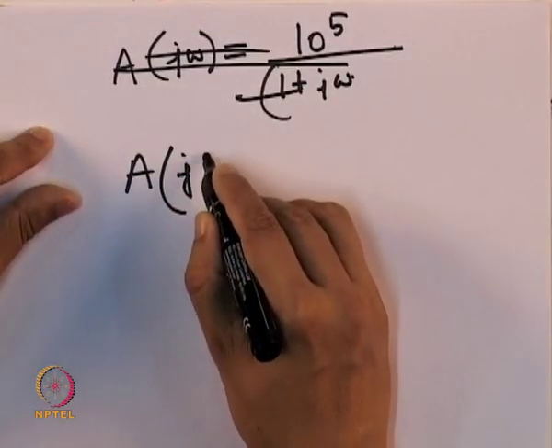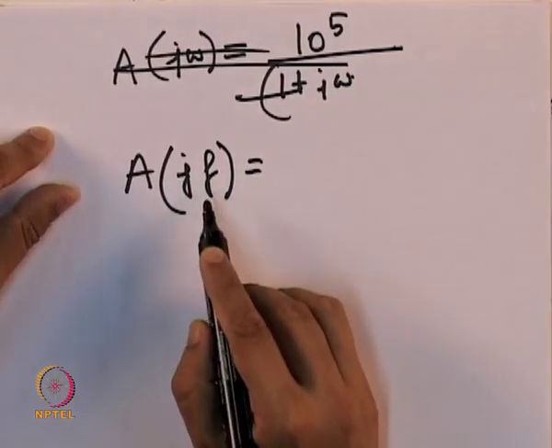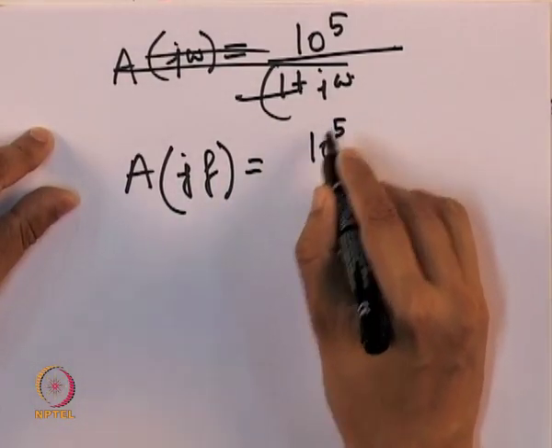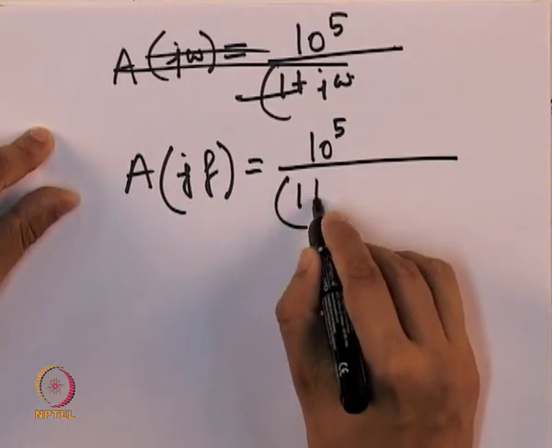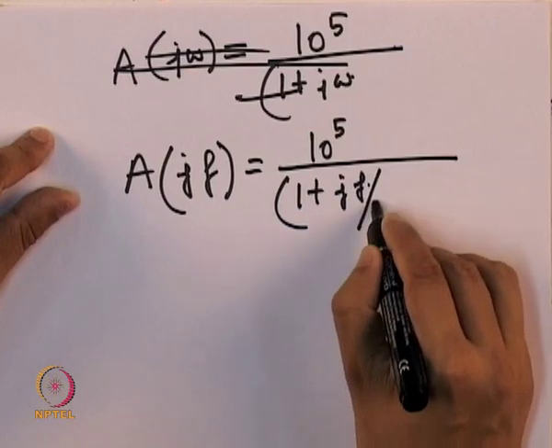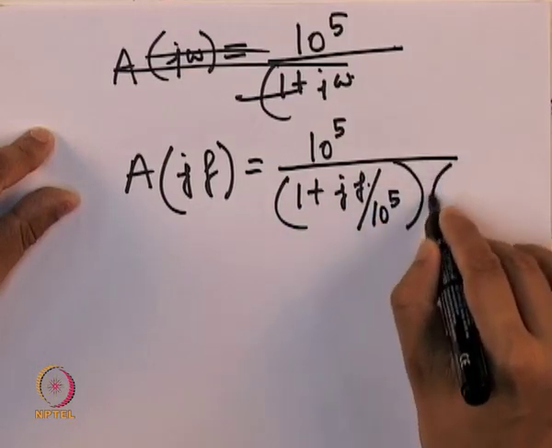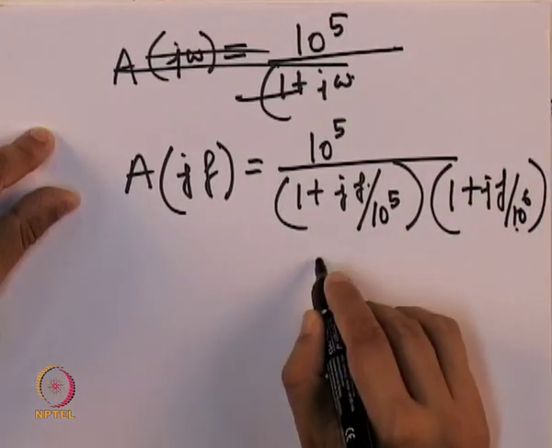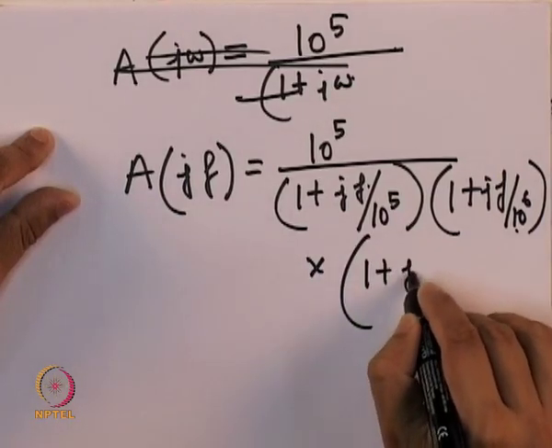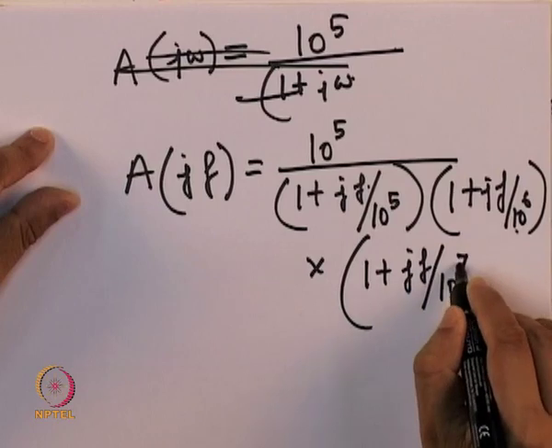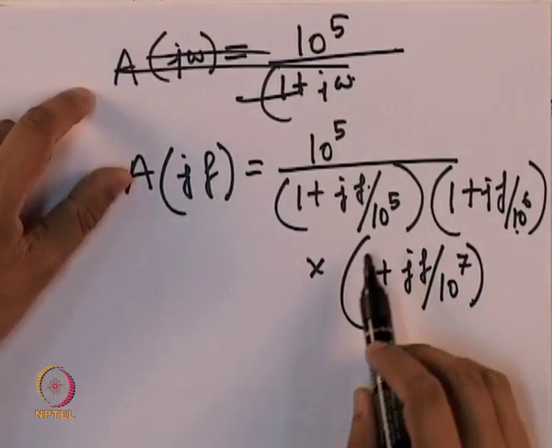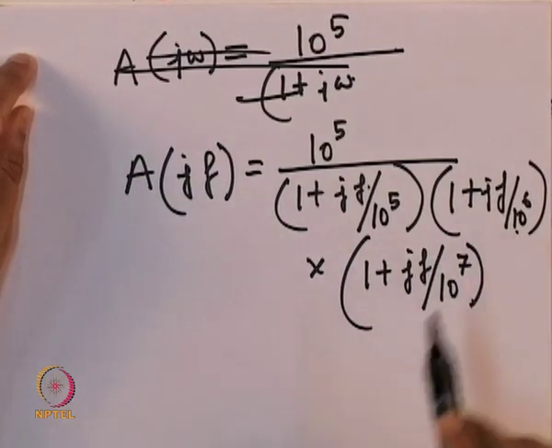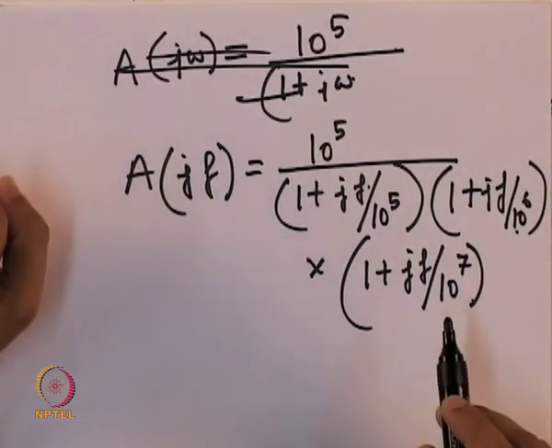Okay. So now with this in mind, let us see a system with the transfer function given as follows, like this: A of j f, here I have replaced omega with f, upon, there are 3 poles, one at 10 raised to 5, another at 10 raised to 6, and another at 10 raised to 7.